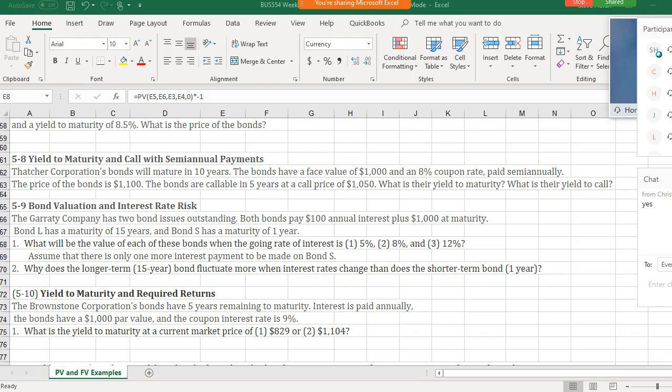So the chapter talks about a callable bond and what that is. The callable bond is a bond issued by a corporation, and they have the right to buy it back from you at a specified price. It's usually a good deal for the corporation, because they will call it if they can reduce the interest payment.